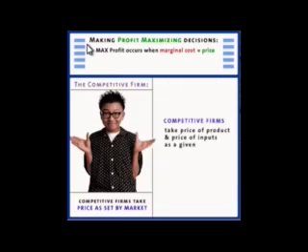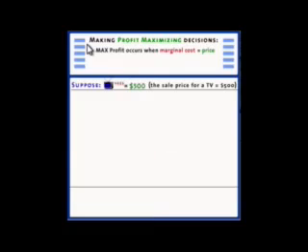Therefore, the price of your product is a given, a constant, something determined in the market that you have no control over. We've imagined that our competitive firm, in this example, can produce televisions at a price of $500 per television sold. That is, the price is constant at $500, no matter how many televisions you produce and sell.